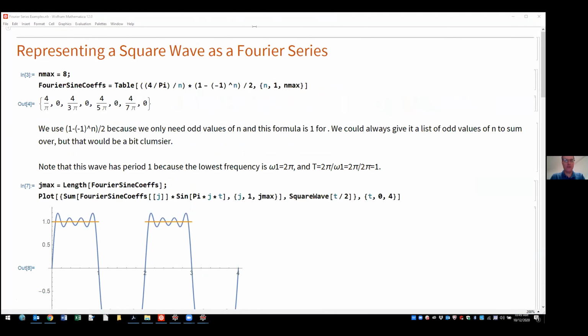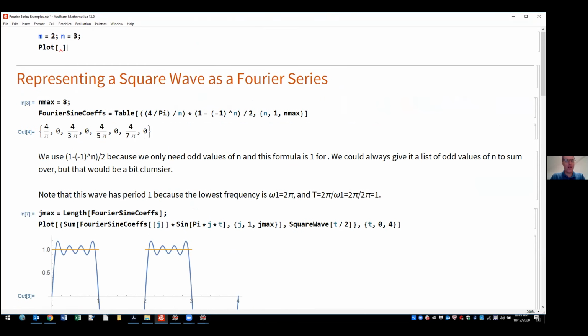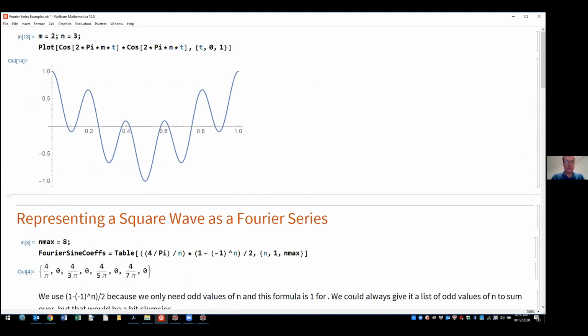Let's plot, I'll say m equals 2, n equals 3, plot cosine of 2 times pi times m times t times cosine of 2 times pi times n times t, t going from 0 to 1.